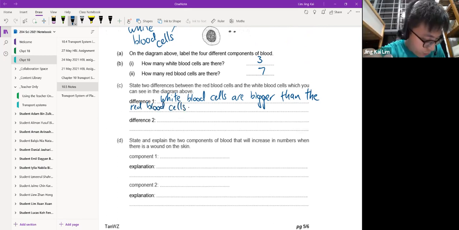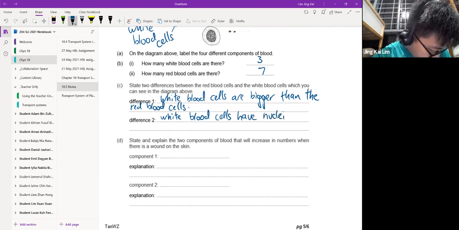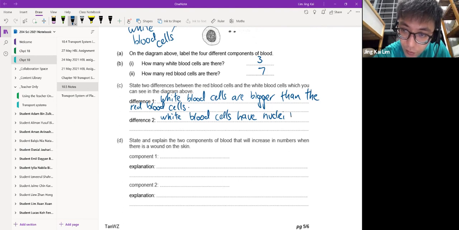What's the difference number 2? White blood cells have nuclei, but red blood cells don't have.